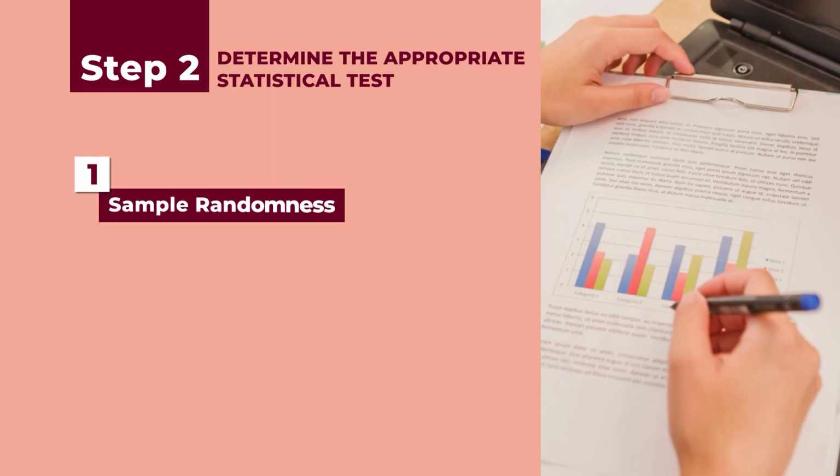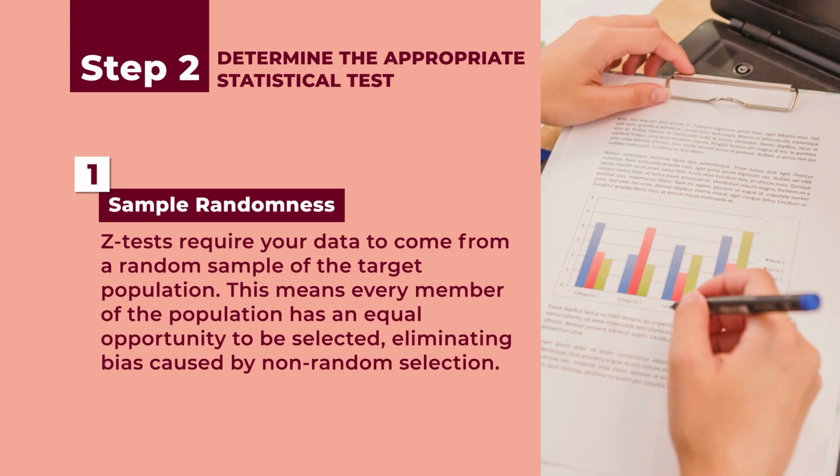However, to use Z statistics, you need to take into account a few important assumptions, such as sample randomness. Z tests require your data to come from a random sample of the target population.